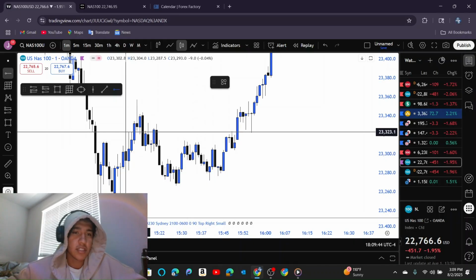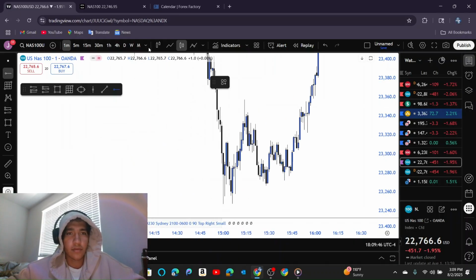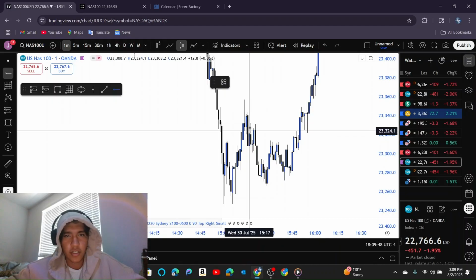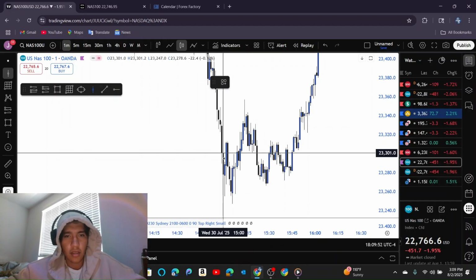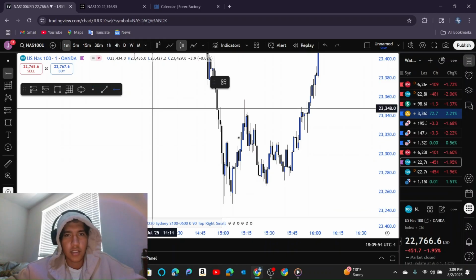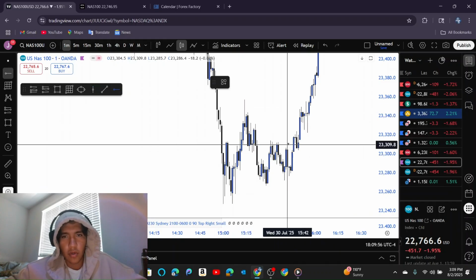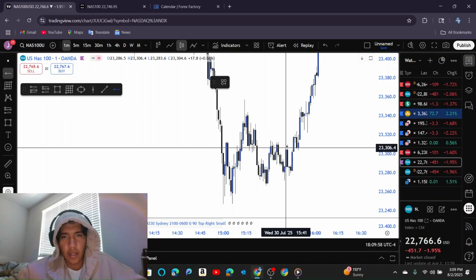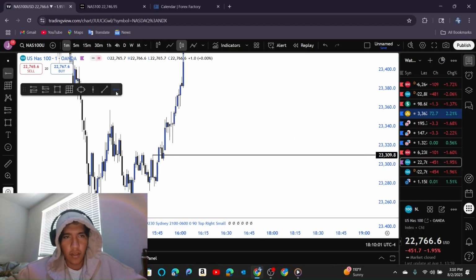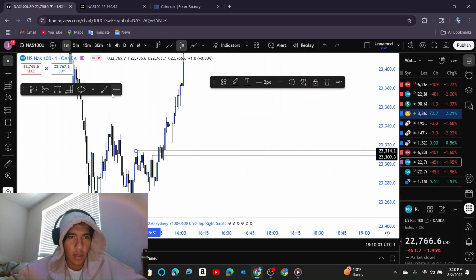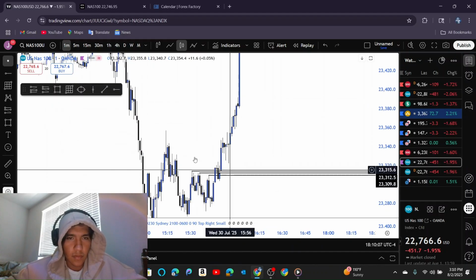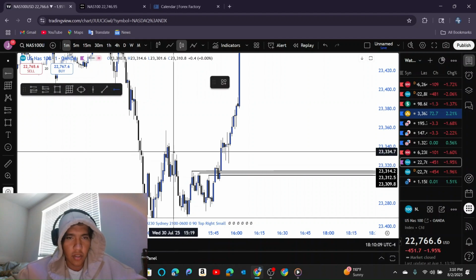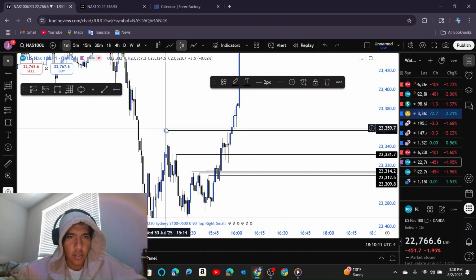But what's kind of cool here is we see another little part of my strategy. Let's say I want to see here, liquidity. Boom. We have equal highs right here, right? Fairly equal highs. We also have this draw on liquidity, and we also have this draw on liquidity.